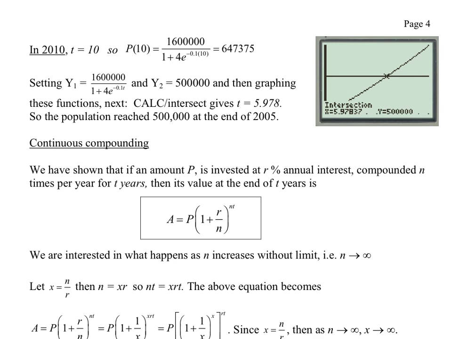Or if you think it's less than that, you might want to try an x max of roughly 10. In any case, if you do that, you've got your y1 looking like this, and your y2 looking like this.